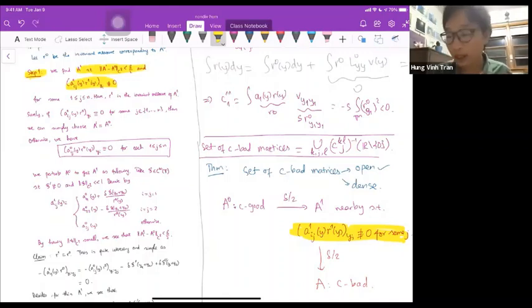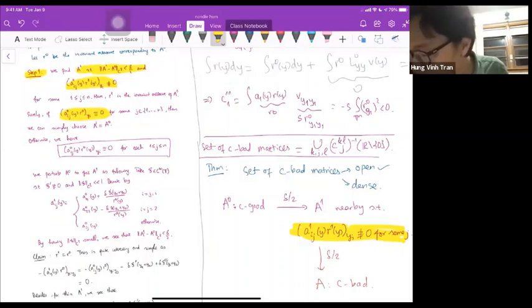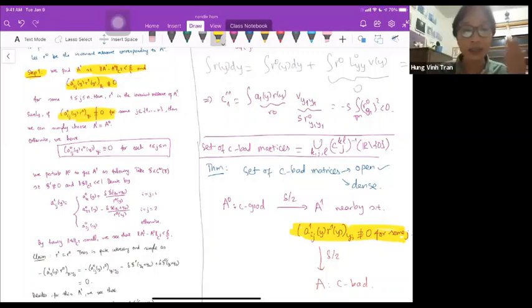Of course, for the starting matrix A naught, if this is not zero, I'm sorry, I think I made a typo here. If this is not zero for some fixed j, even though it's C-good, then I can simply choose A1 to be A naught and I'm done, right?